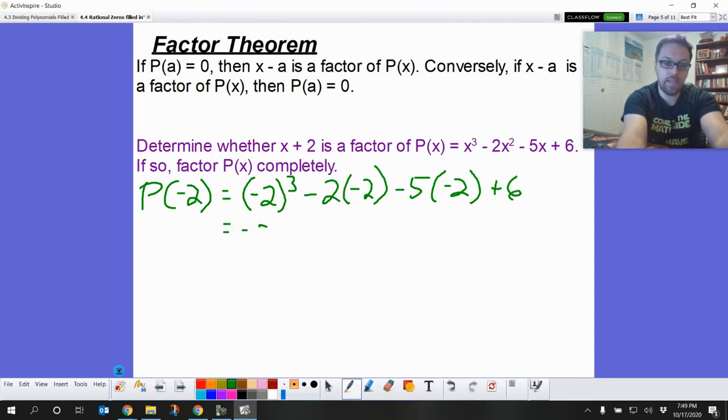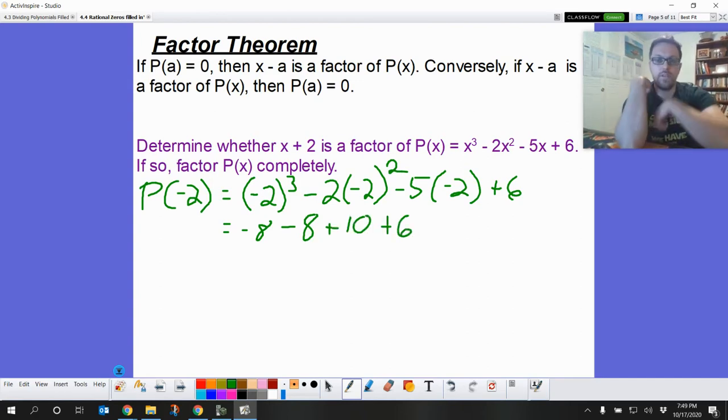So that's negative 8 minus, that's also negative 8, plus 10 plus 6. So negative 8 minus 8, that's negative 16. Plus 10 is negative 6. Plus 6 is 0. Oh, cool. So that is 0. So that is a good factor.